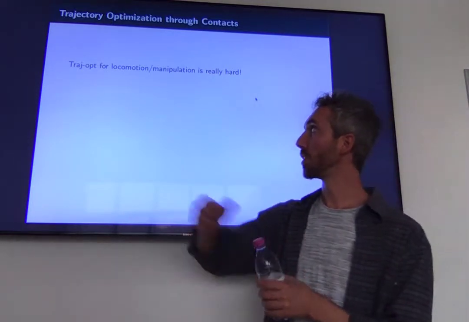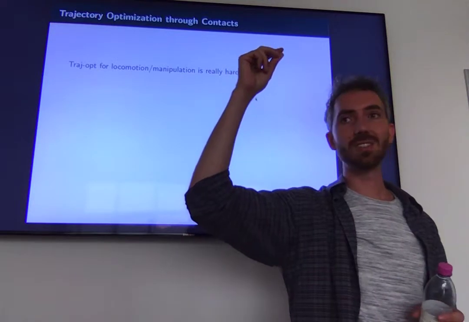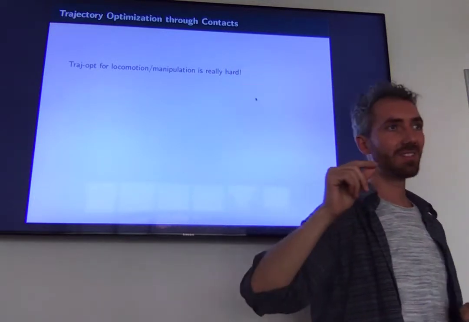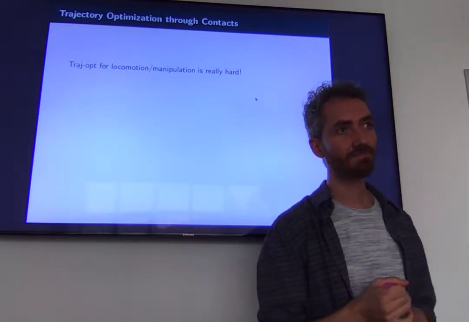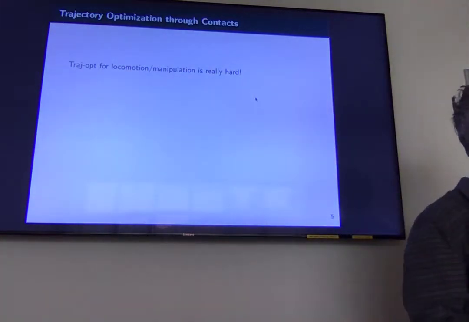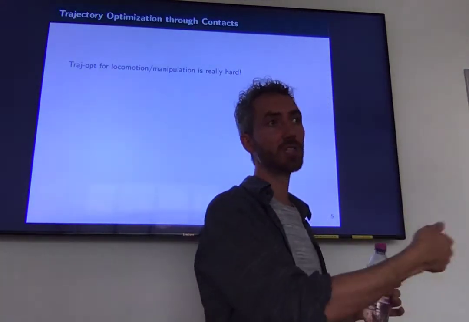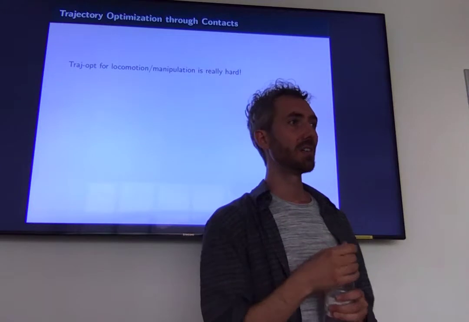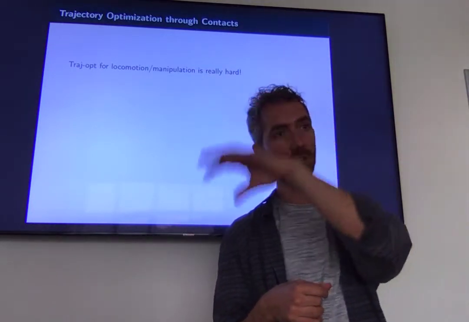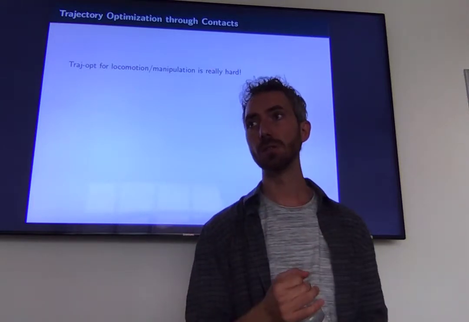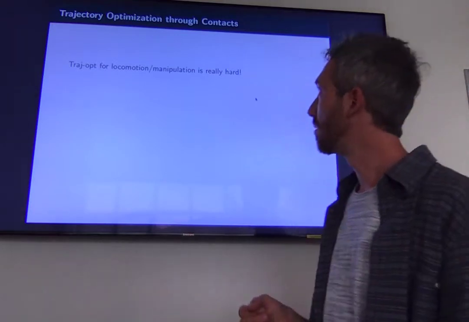What's really peculiar of locomotion and manipulation is that you have contacts. You have typically rigid contacts. Again, not infinitely rigid in practice, but sufficiently stiff that it makes sense to model them as infinitely rigid in modeling.